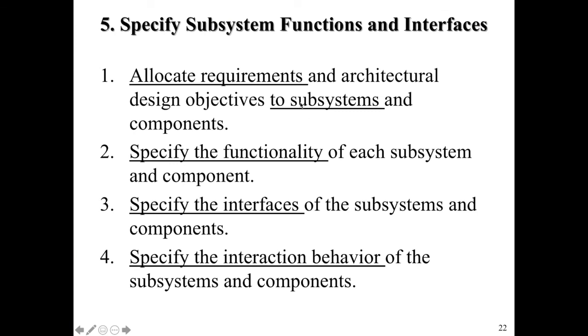Of course, in our system, we will have different subsystems. We should allocate the requirements like we did in chapter number 2, where we allocated different requirements to different components: this component will meet requirement number 1 and 2, the next component will meet requirement number 3 and 4, like that.